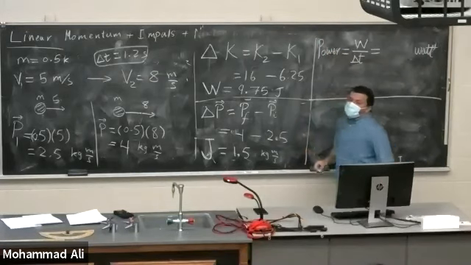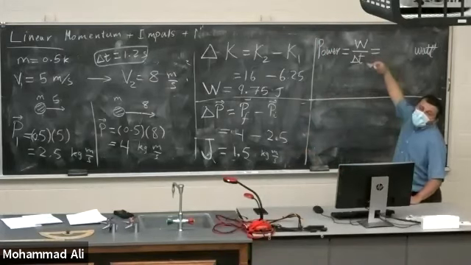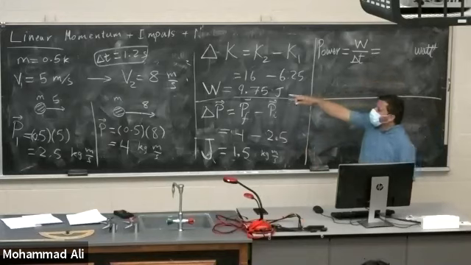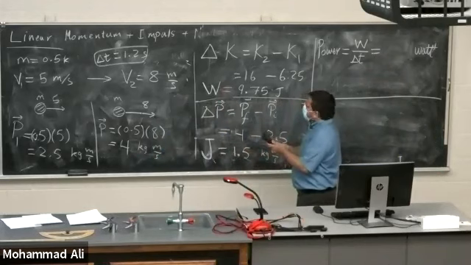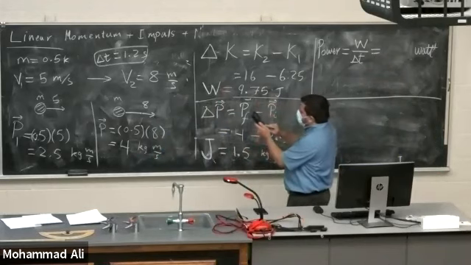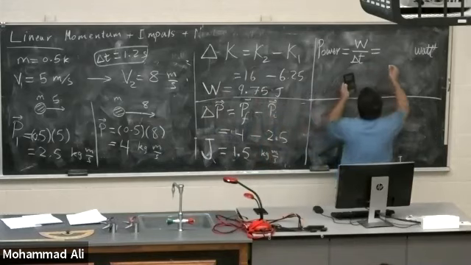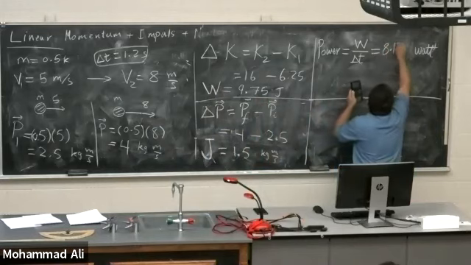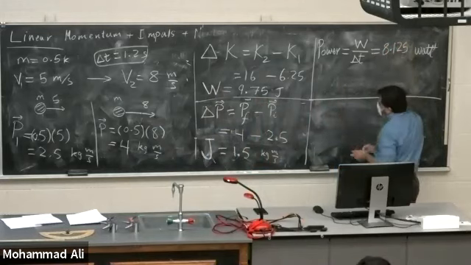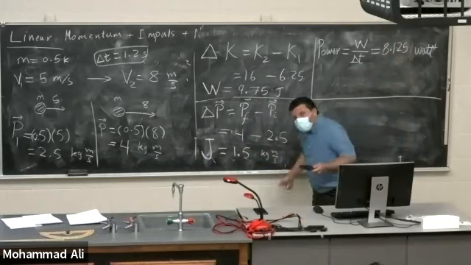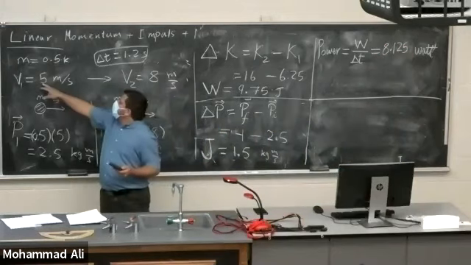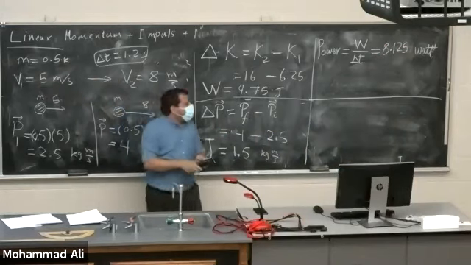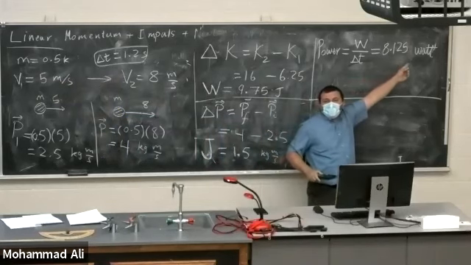This is equal to power: the energy divided by the time. So the work is 9.75 divided by 1.2. The power is 8.125 watts. The power of your leg when you shoot this ball and increase its velocity from 5 to 8 is 8.125.